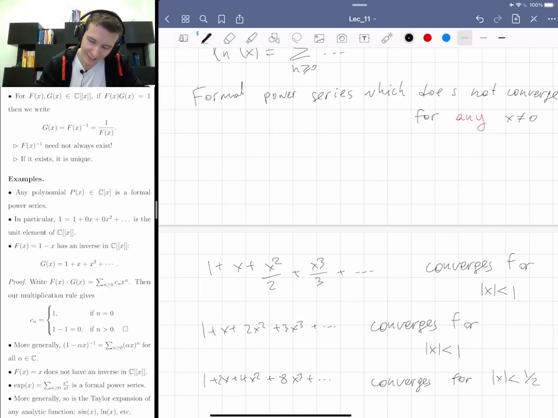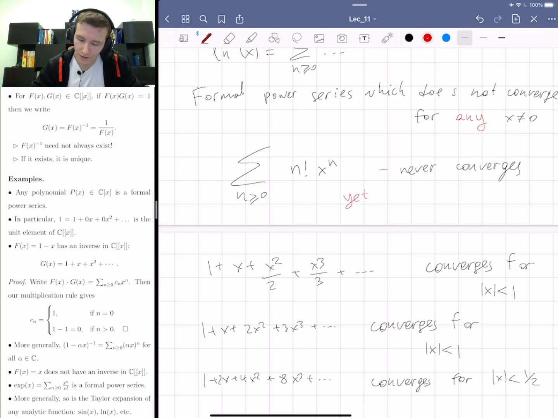So if you take the sum of n factorial times x to the n, this one never converges. And yet, it is still a formal power series.